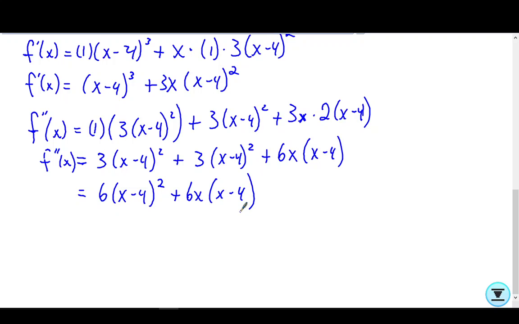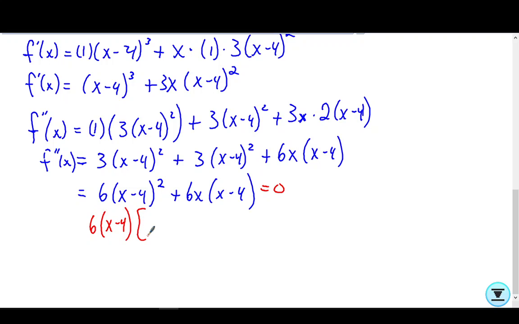So we got to set this equal to 0 now. Set this equal to 0 and solve for x. Well, the first thing you always do when solving for x is you take out your greatest common factor. And if you look between these two things, our greatest common factor is 6 times x minus 4.